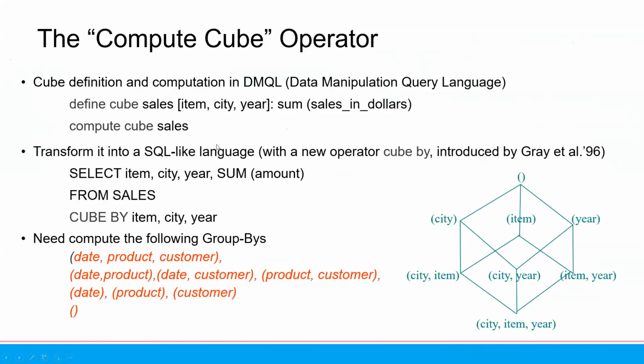So for example, I can define the cube sales, and then I would like to get the item, the city, and the year, and do the summation. So sales in dollars is the attribute name, and you can compute the cube sales. So this is one example of DMQL, data manipulation query language.